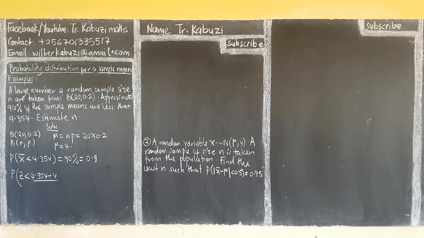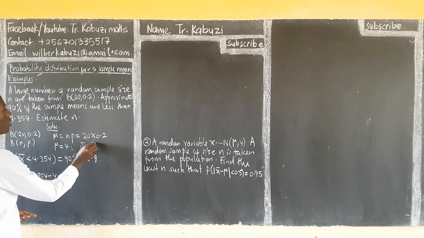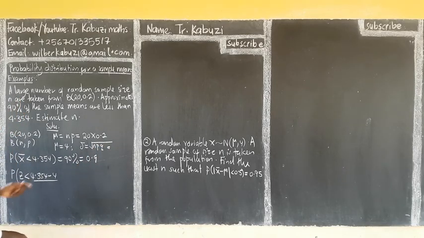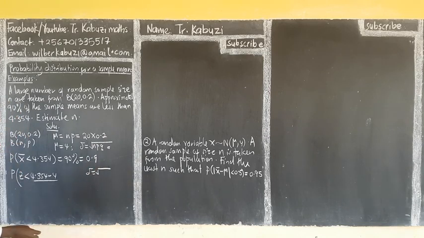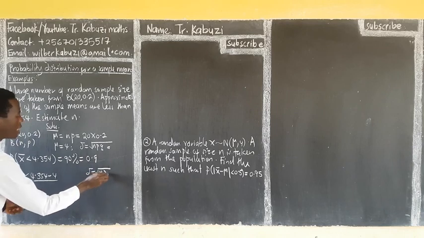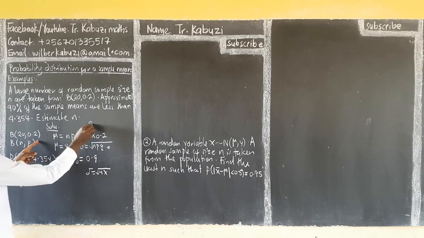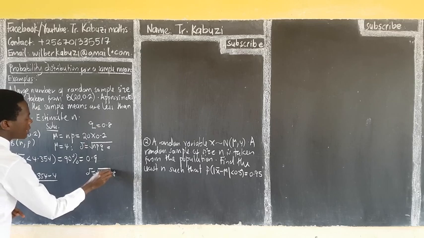But we don't have sigma, so we can get it. Our sigma is equal to the root of npq. Our sigma is equal to root of n, which is 4, times q. From here, if p is 0.2, then q is 0.8.